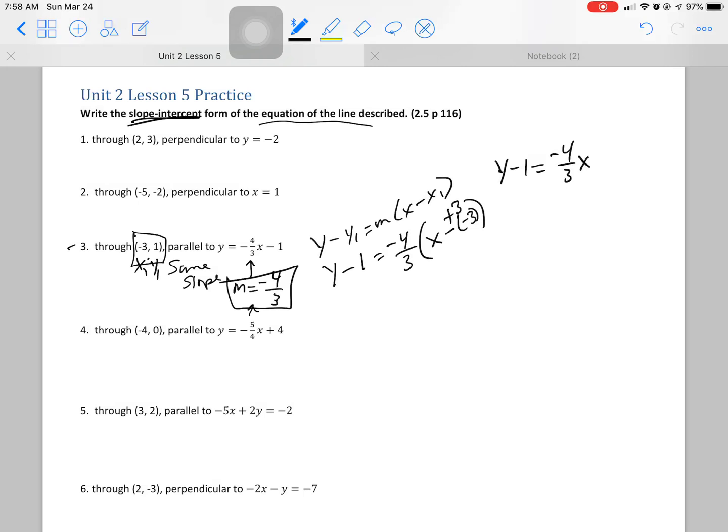This is a big plus 3, right? So a -4 times a positive 3 is a -12/3, which is the same thing as a -4. So add 1 to both sides.